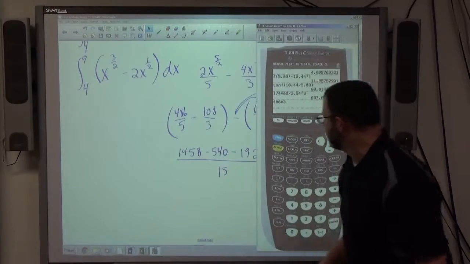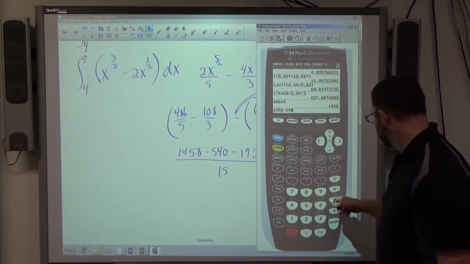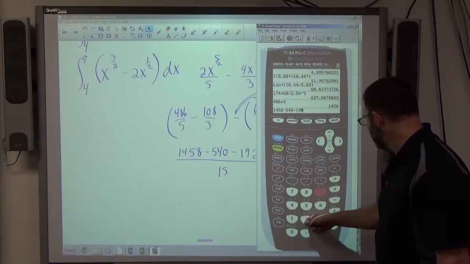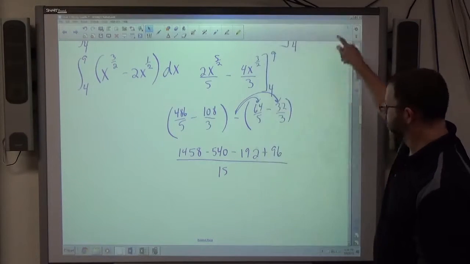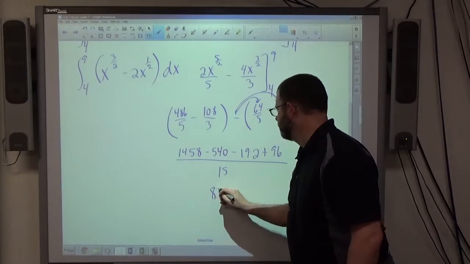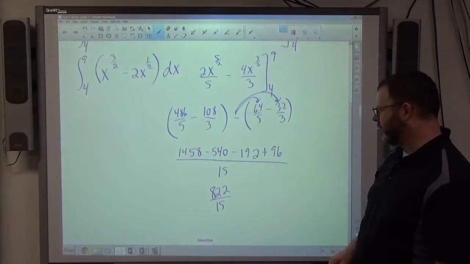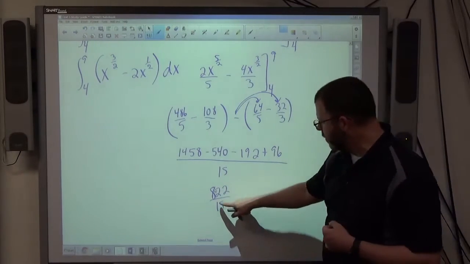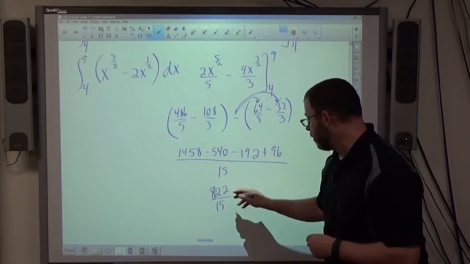So 1458 plus 96 minus 540 minus 192. Just to save time, I'm going to throw up the calculator. 1458 minus 540 minus 192. I hope it was plus 96. Comes out to 822. And 822 fifteenths. Only 3 and 5 go into this. 3 goes into that, or 12, so 3 goes into that.